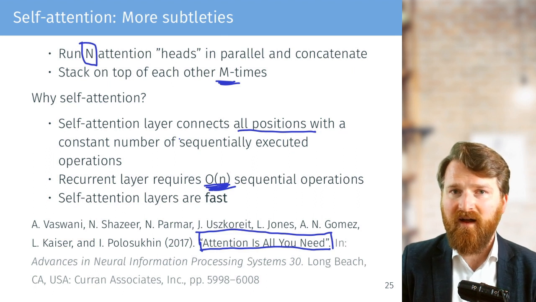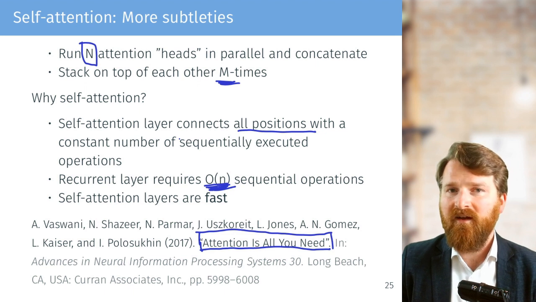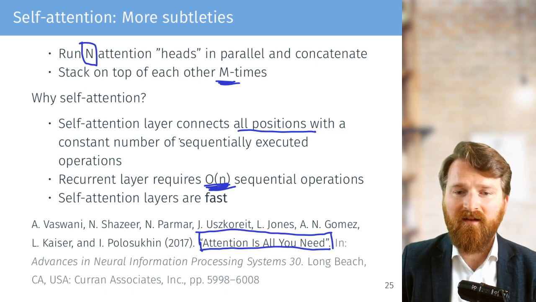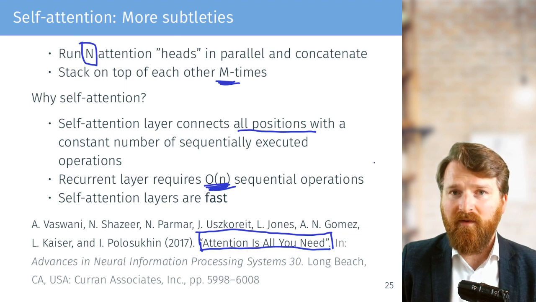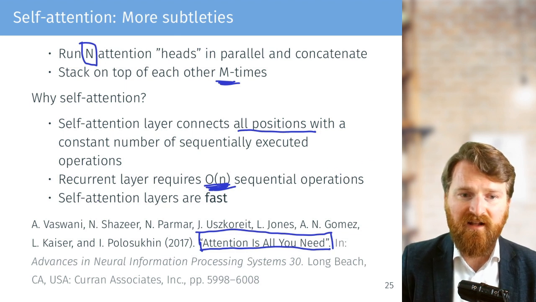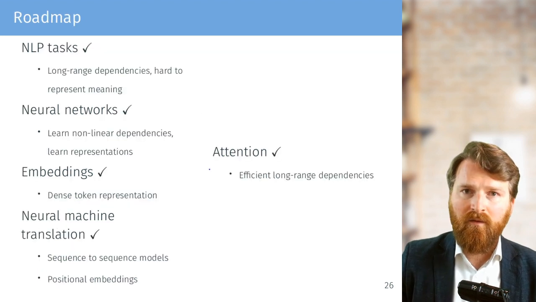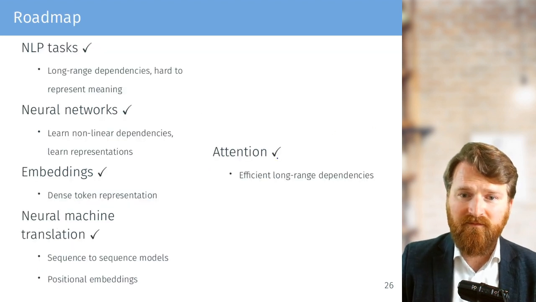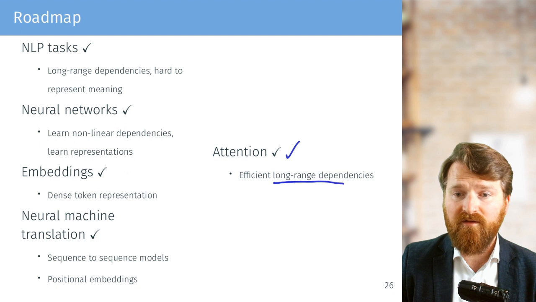But it's just super fast. So there is no difference between multiplying 5 times 5 versus 10 times 10, while in recurrent, you need that many operations in sequence. So self-attention is fast. Which brings us to this attention part, and we know that attention is very efficient for long-range dependencies.